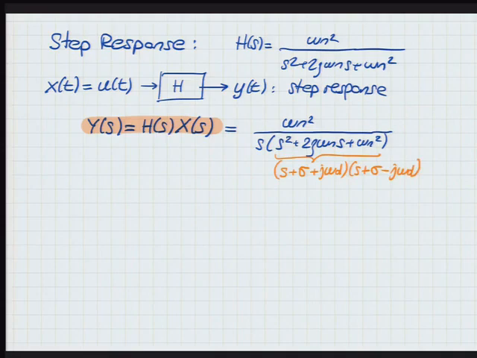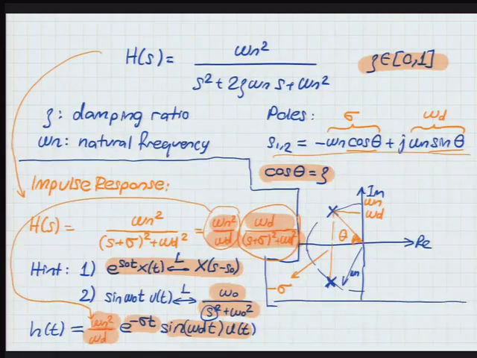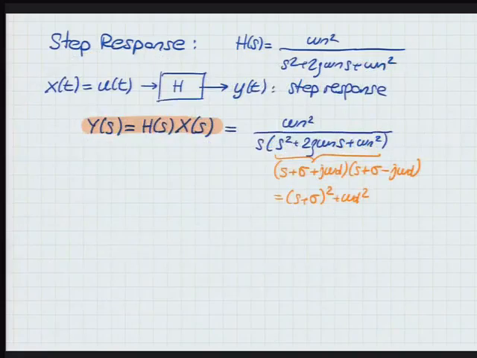You all agree with this? If you multiply this out, you're going to get (s plus sigma) squared plus omega_d squared, which is exactly what we discussed here, right? So that's why we wrote it this way. Right? So then I have three poles. Two of them happen to be complex conjugates, and one of them is at 0, right?